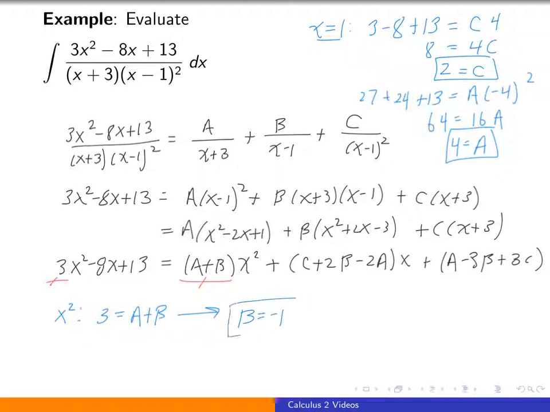So it is very useful to plug in those intelligent choices to determine as many values of the constants as we can ahead of time. It makes this last step a bit easier. So now that we've determined the constants A, B, and C, we will have our partial fraction decomposition, and we can integrate.